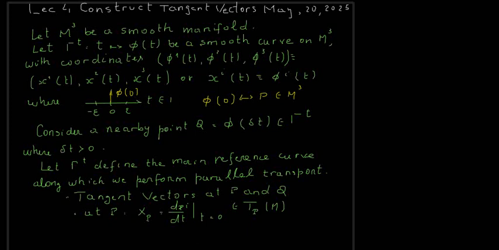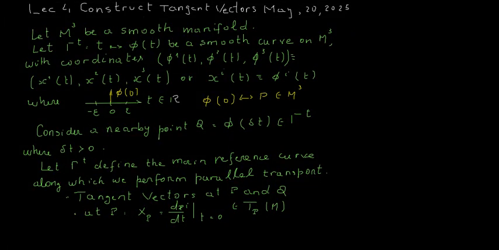Now, recall that phi of 0, but this t here belongs to the reals. You see, t belongs to the interval between minus epsilon and plus epsilon. Epsilon is a teeny value, okay?